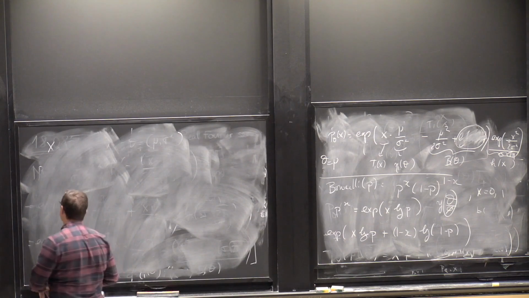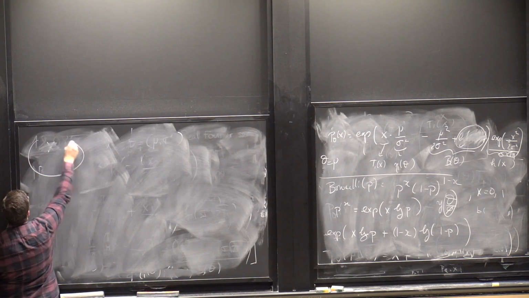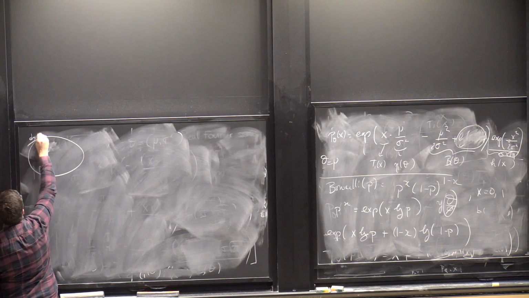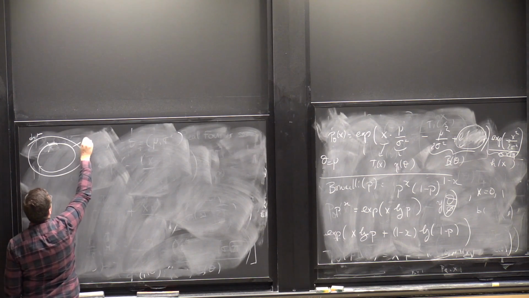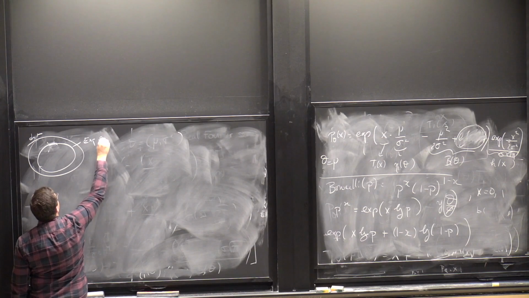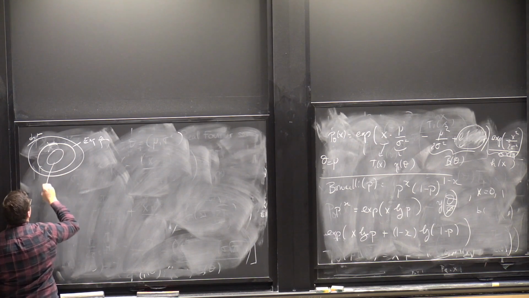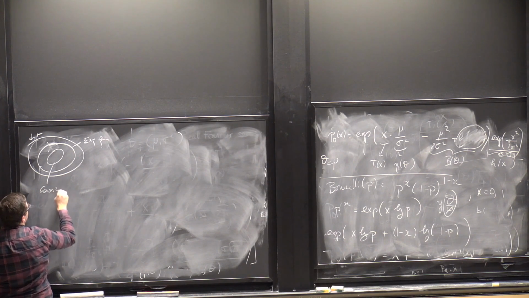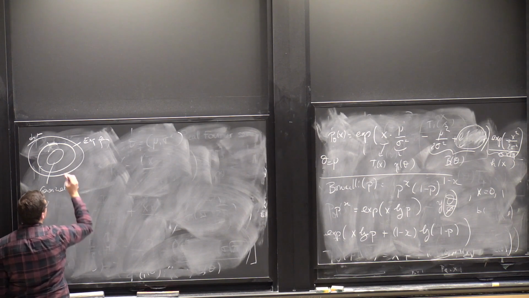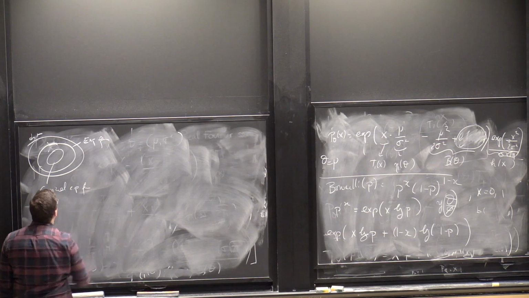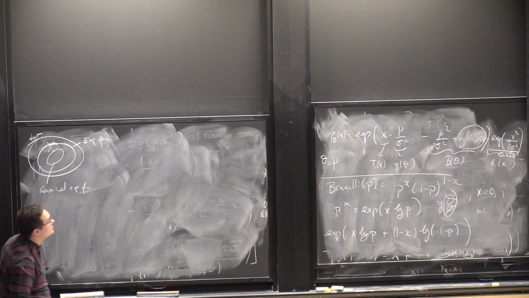Remember we had all the distributions, then the exponential family, and now we have the canonical exponential family. It's actually much, much smaller. It's probably a good picture.